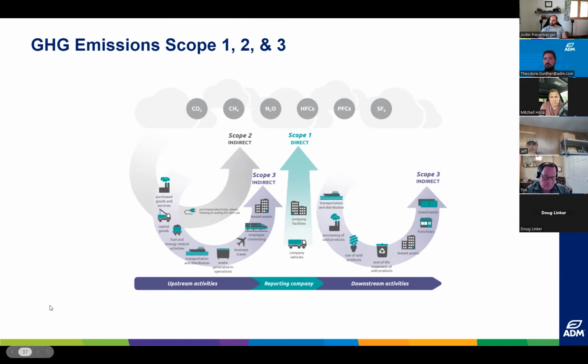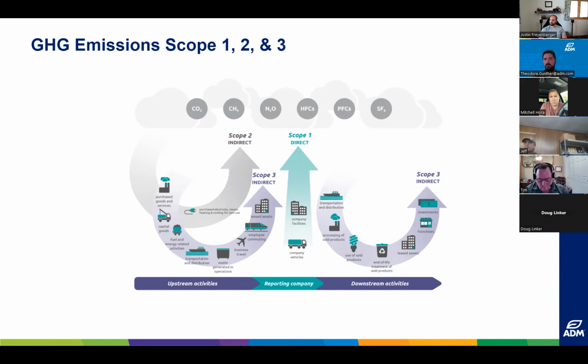But then there are the scope 3 emissions, both on the upstream and downstream activities. Upstream of us would be farmers in general. Sometimes it would be some commercial suppliers, things that they have going on. But upstream of us is farmers, and downstream of us is people who buy from us.